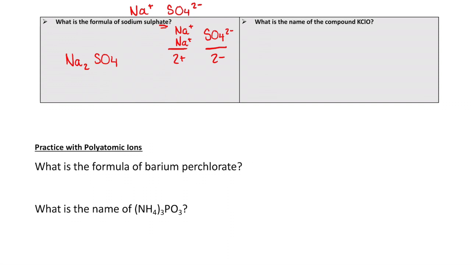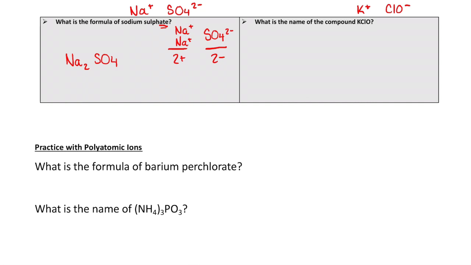Okay, next, what is the name of the compound KClO? So K is our metal, and this is potassium. And potassium has a 1 plus charge. And then ClO is our hypochlorite. It also has a minus charge. Because potassium is not multivalent, we can just go in and name it right away. We don't have to worry about figuring out the charge or anything like that.